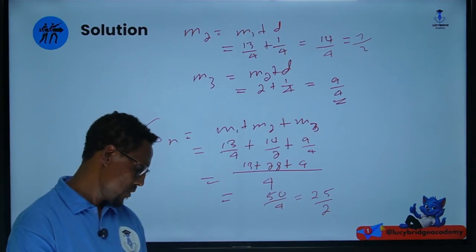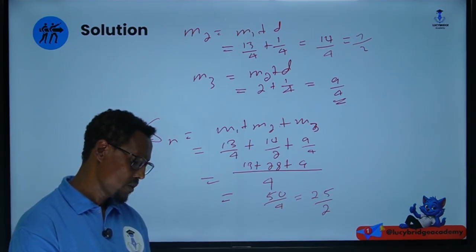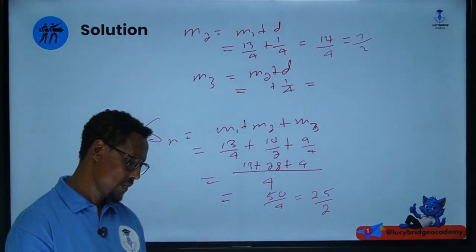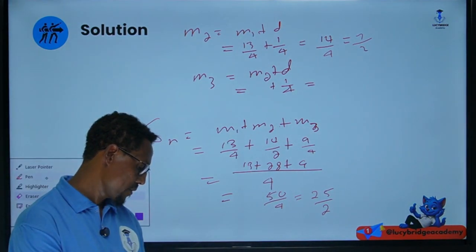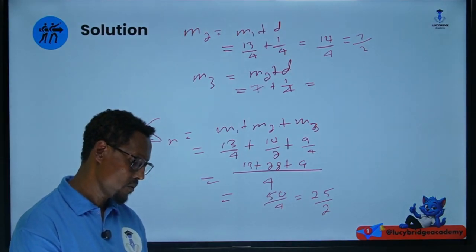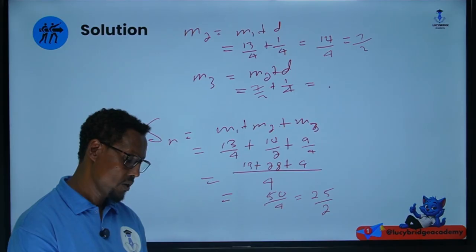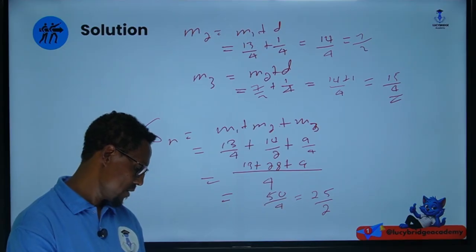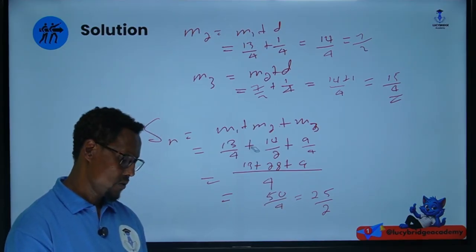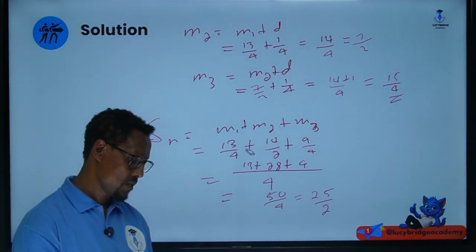M2 is 7 over 2. 7 over 2 plus 1 over 4. 4 is common: 14 plus 1, which is equal to 15 over 4, which is M3. Okay, M3. So M1 is 13 over 4, M2 is 7 over 2.